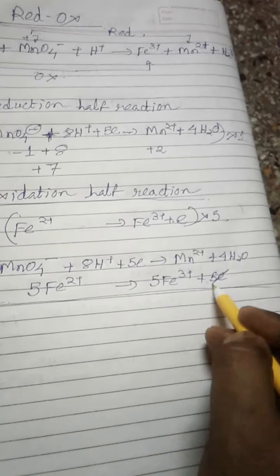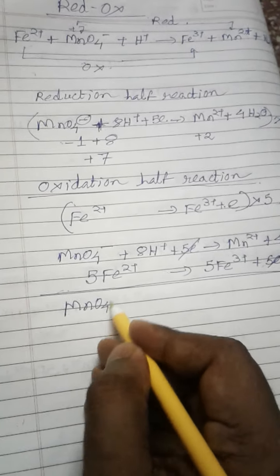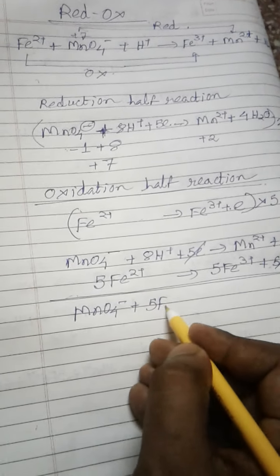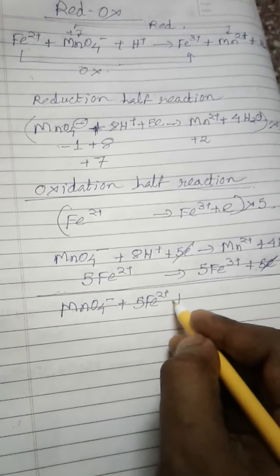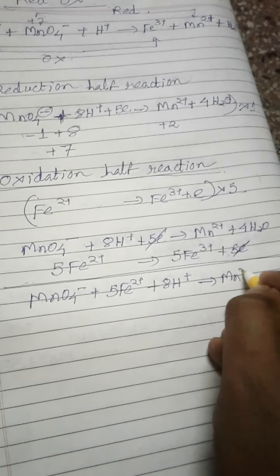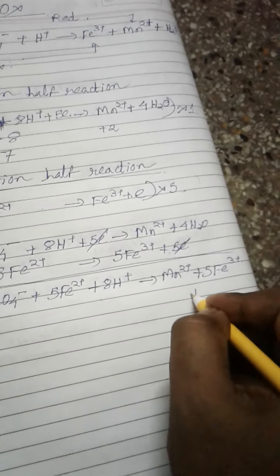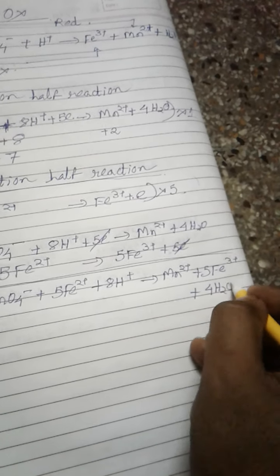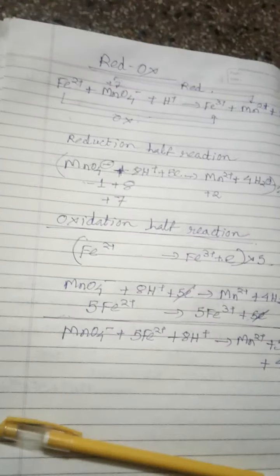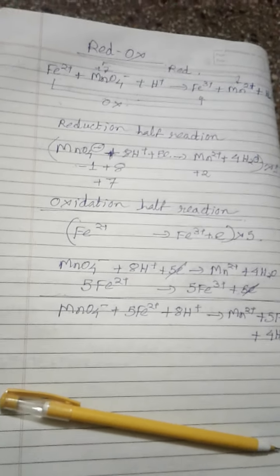By adding them, the 5 electrons are eliminated and we get MnO4- plus 5Fe2+ plus 8H+ to Mn2+ plus 5Fe3+ plus 4H2O. This is the method by which I can balance the redox reaction by the ion electron method.